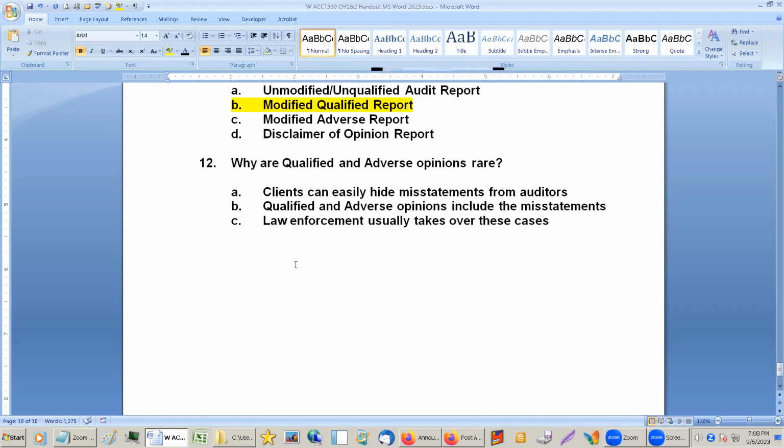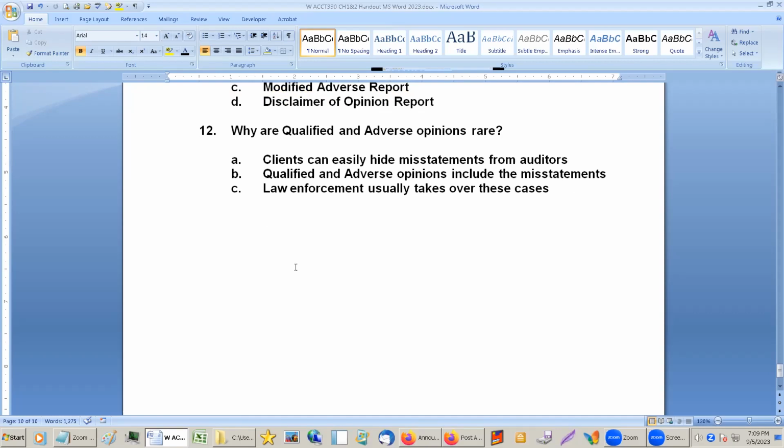So why are qualified and adverse opinions rare? Because clients don't want them.